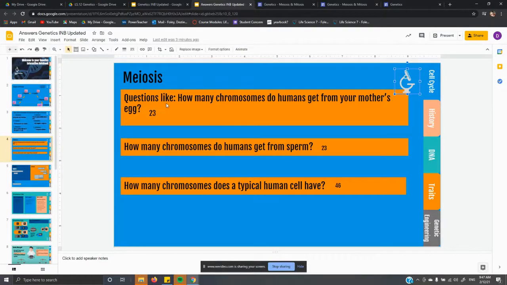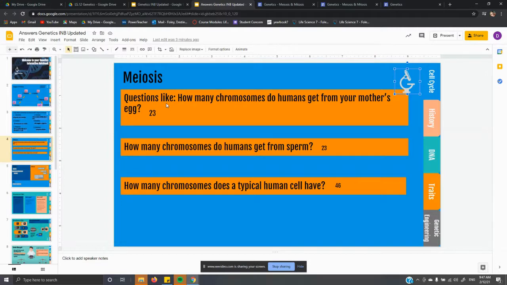So, meiosis halves how many chromosomes you have in your body cells. So, eggs have 23 chromosomes. Sperm have 23 chromosomes. When the egg and the sperm meet, they form a full cell, which is 46 total chromosomes.